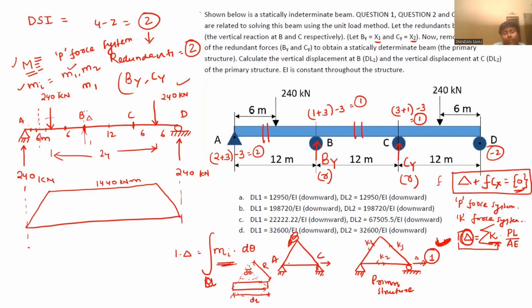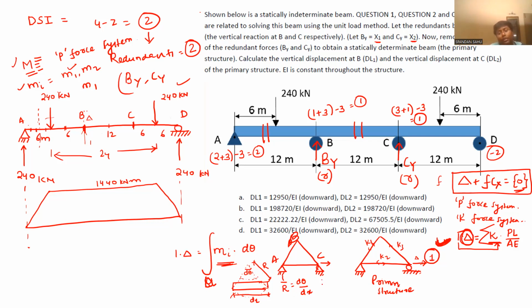What can you write? 1 by R equal to d theta by dx. You can write R d theta equal to dx from geometry, because d theta is very small. In civil engineering structures, whatever we have assumed is for elastic response; rotation, displacement or deflection are very small. So R d theta will be equal to dx, and 1 by R will be equal to d theta by dx.